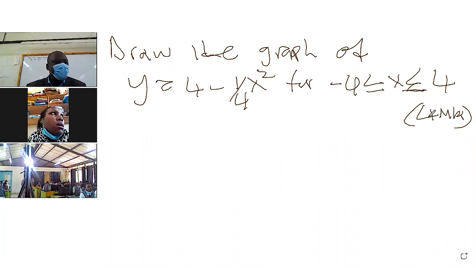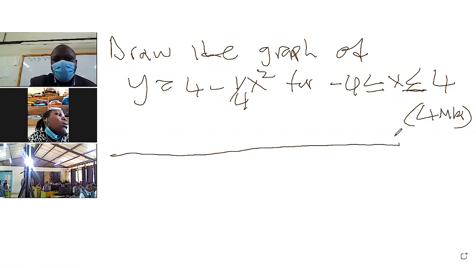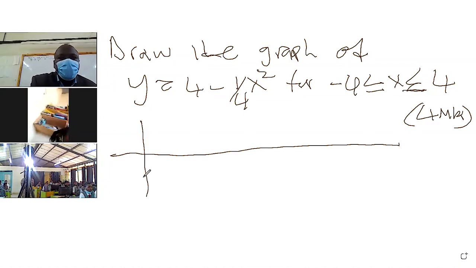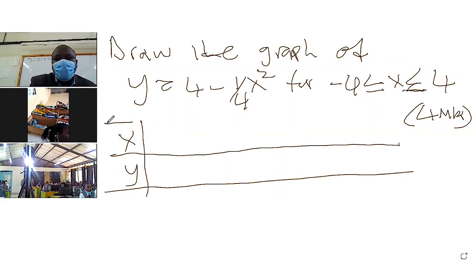In the first place, you need to generate a table for the working out. And then after that, you've been given a grid. You are supposed to plot that on the grid and draw that graph. So first, what you need to do is generate a table of values, whereby you are going to have x and y from the given domain.